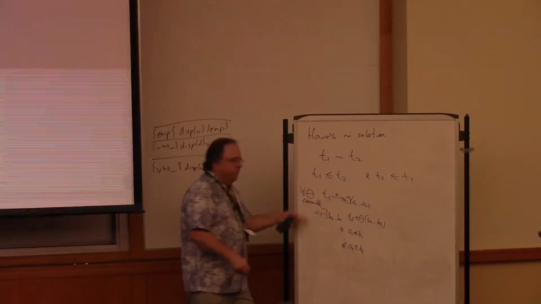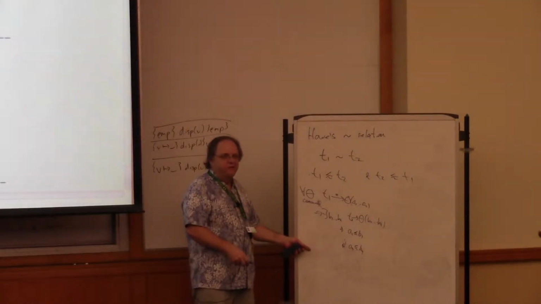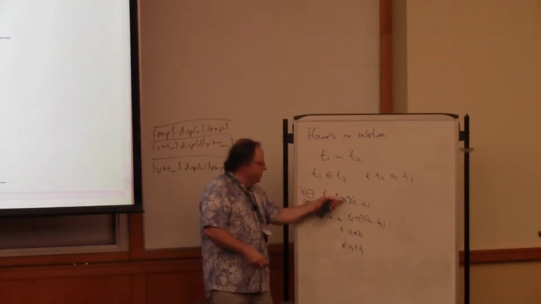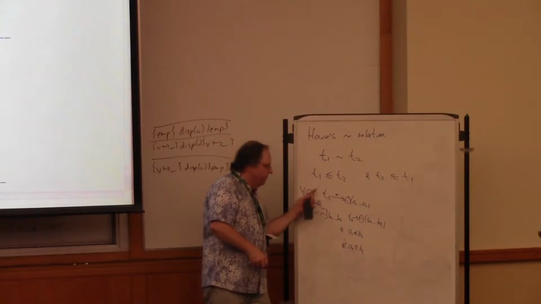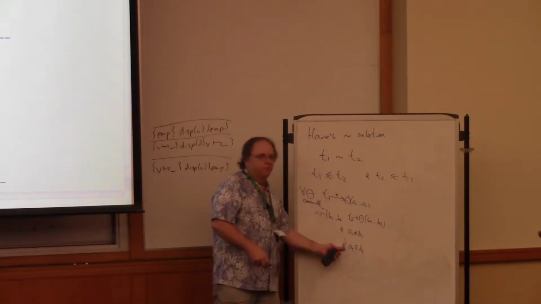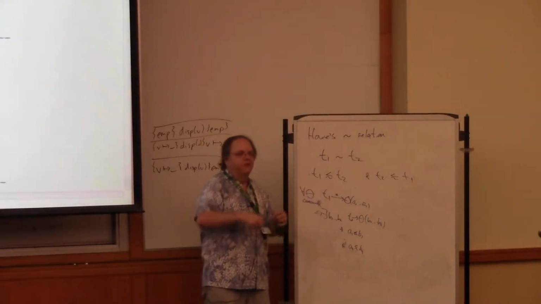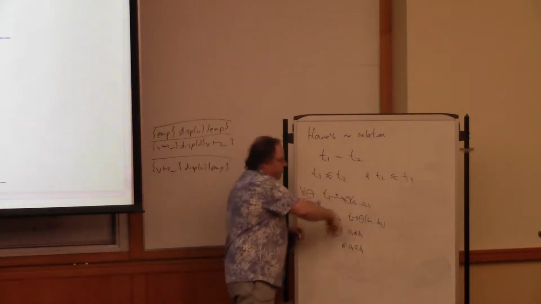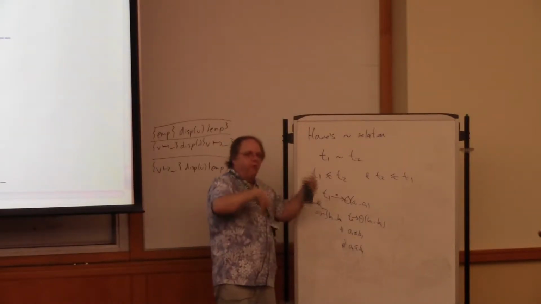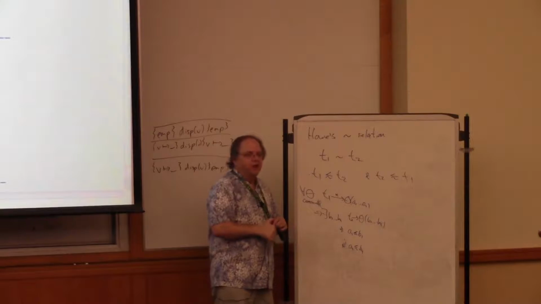So this is a co-recursively defined relation. It says they're in the relation if, for any canonical thing, this holds, and then co-recursively the subterms are in the same relation. So it's actually a greatest fixed point of a certain relation.